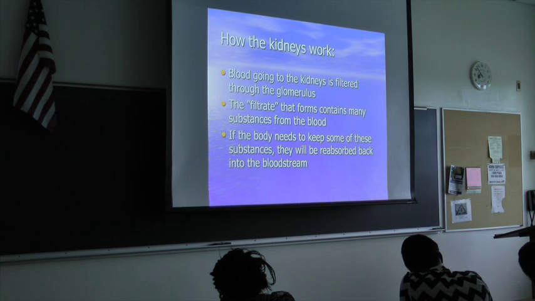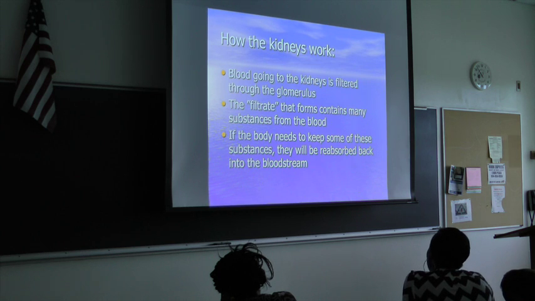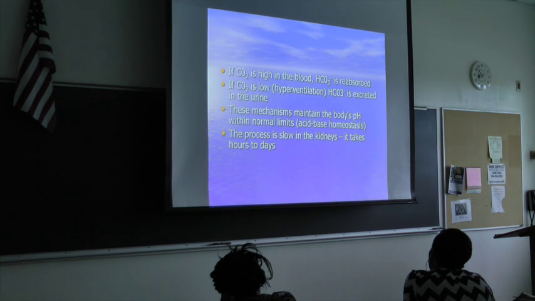How the kidneys work. Blood going to the kidneys is filtered through the glomerulus. The filtrate that forms contains many substances from the blood. If the body needs to keep some of these substances, they will be reabsorbed back into the bloodstream. If carbon dioxide is high in the blood, then bicarbonate is reabsorbed.